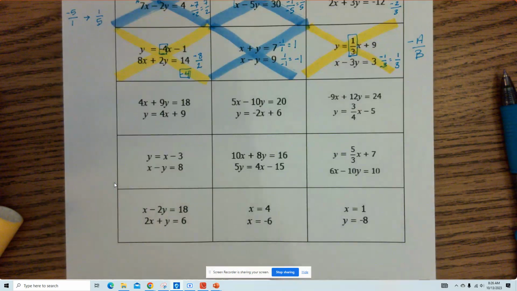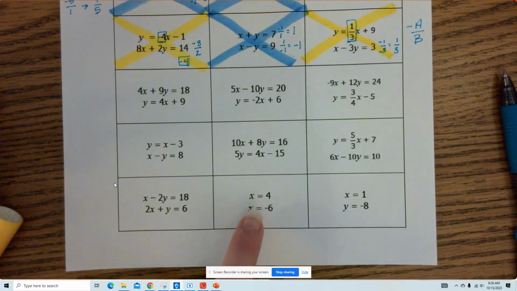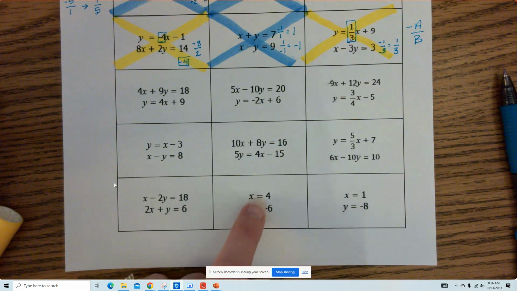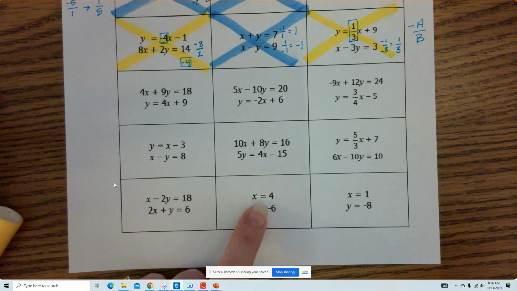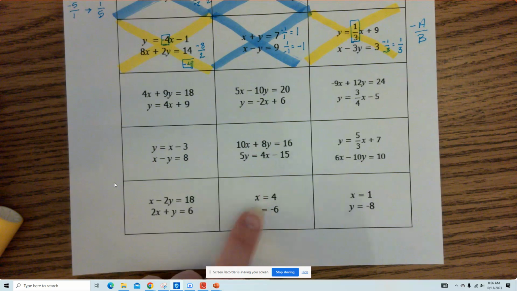Okay, I'm going to work the very last two. X equals 4 and x equals negative 6. What kind of slope does an x equals line have? Look at that little half sheet that I gave you yesterday. What is the slope of an x equals line?